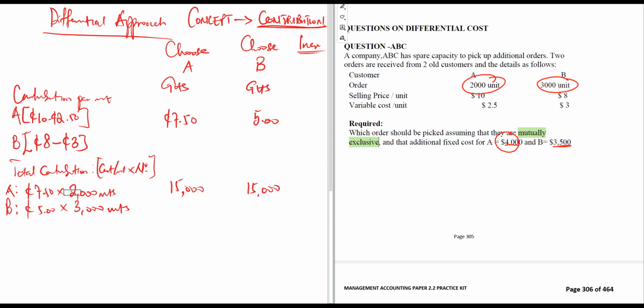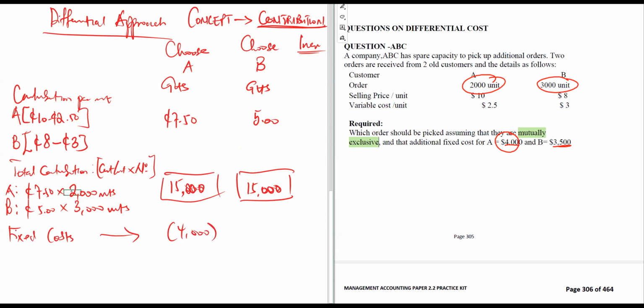But you see that here, we cannot really tell which one is profitable, can we? No, because both of them have the same contribution, right? So it means that we can move further to know which one covers more of the fixed costs. So now we have to take out the fixed costs. This one has fixed cost of 4,000, and this one has fixed cost of 3,500.